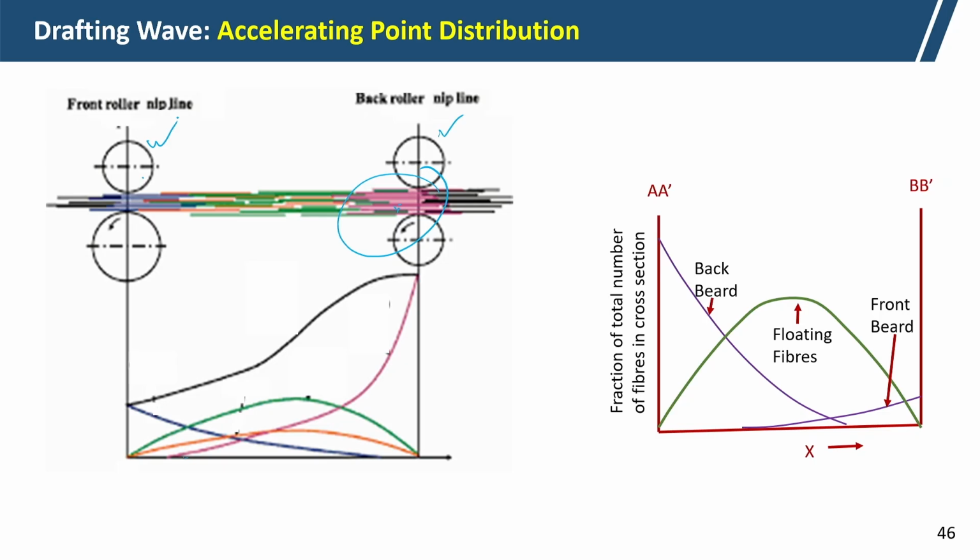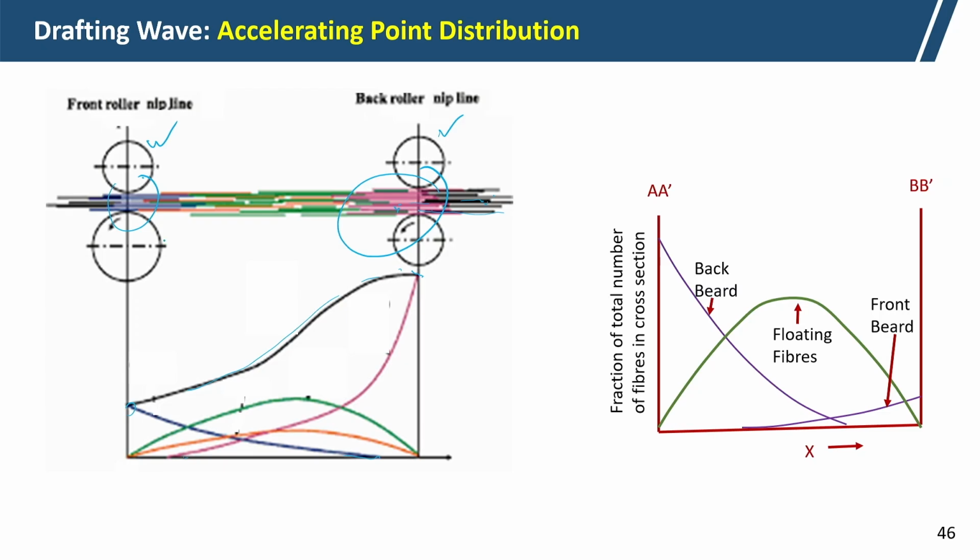This blue fiber will have its accelerating point at this point, and the black fiber has its accelerating point here, where it suddenly comes to the front roller speed. The acceleration is then gradually reducing, because it takes time to reach there.